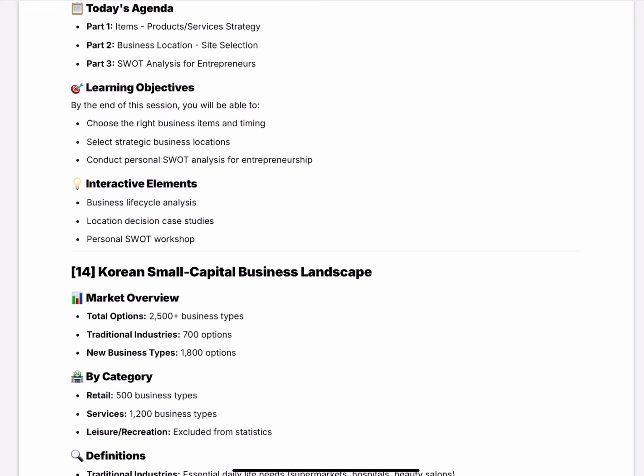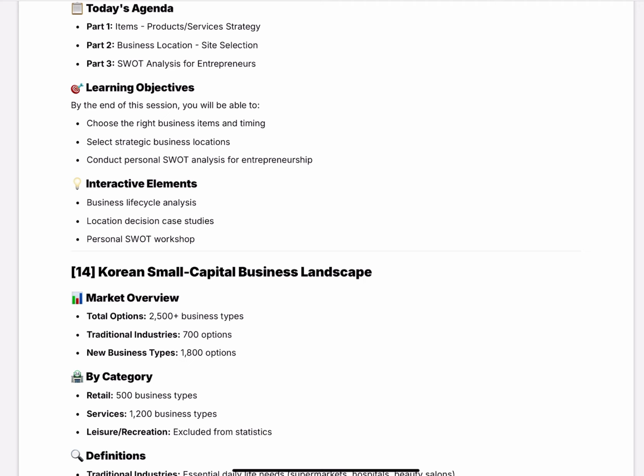By the end of this session, you will be able to choose the right business items and timing for market entry, select strategic business locations that maximize your chances of success, and conduct your own SWOT analysis to develop personalized entrepreneurial strategies.